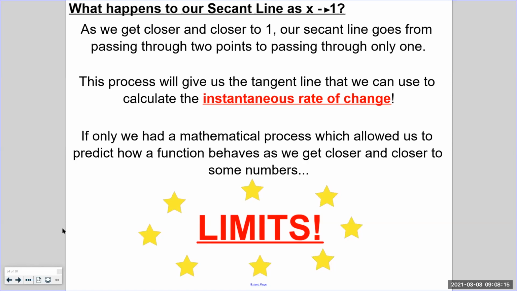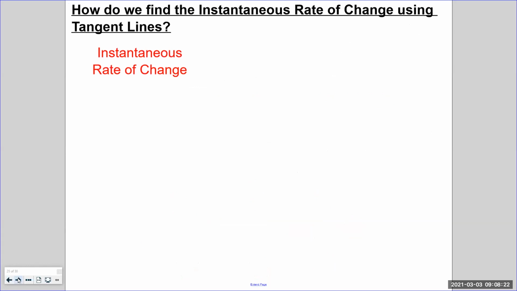All right, so now, great, we can use limits. How do we actually use limits? How does this actually work? So how do we find the instantaneous rate of change using tangent lines? Well, we said the instantaneous rate of change is the slope of our tangent line. But what did we actually have to do to find this tangent line? Well, remember, we started with the secant line, or the average rate of change.